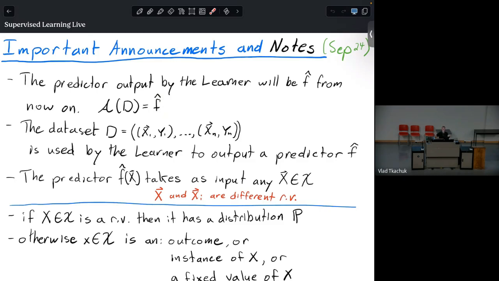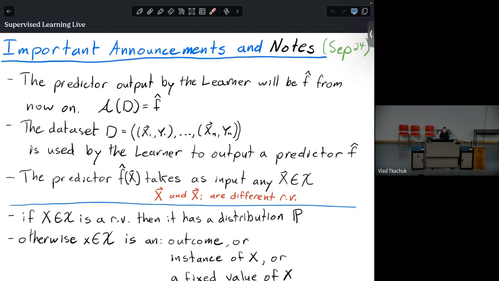When we talk about general functions that are predictors, we're going to just use F. You'll see it throughout, but I'll point it out in a second. Just think of F hat as the thing that the learner actually outputs, and then F is just going to be any possible function later on. That's going to be the notation. And this will allow us to more easily distinguish what the learner is actually outputting. Okay. Just a notational thing. We could have just kept it as F, but we're going to change it to F hat.